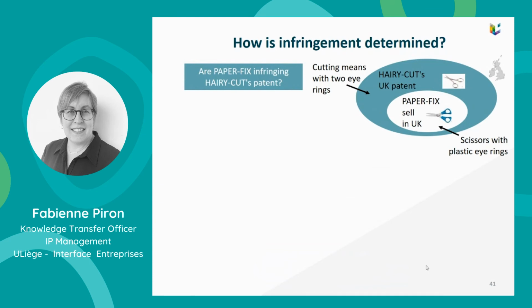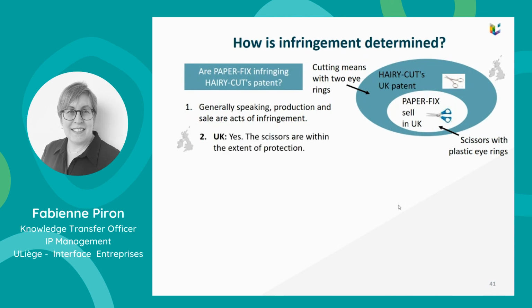And in this scope, we have the production from Paperfix related to scissors with plastic eye rings. Paperfix produces these scissors in Italy and sells them in UK. So the first point to be analyzed is, generally speaking, production and sales are acts of infringement. So in UK, the patent related to cutting means with 2 eye rings is protected.